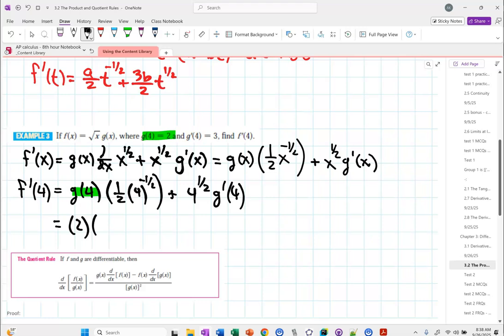And I have 1/2 times 1/2, so that's going to be 1/4. And then 4 to the 1/2 is 2. And then g prime of 4, well, that's 3, we're told. And we get 6.5.